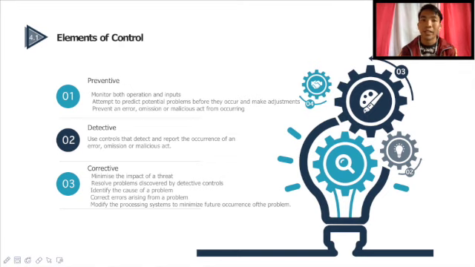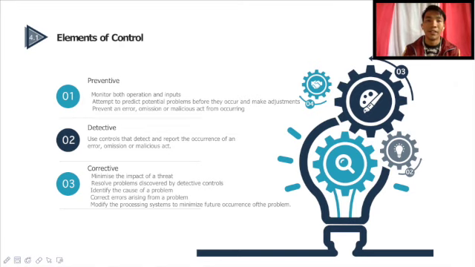we can categorize them into 3. So, we look at preventive controls inclusive of operations and inputs. How does the organization be able to monitor both operations and inputs? Are there controls to attempt predicting potential problems before they occur and make adjustments?